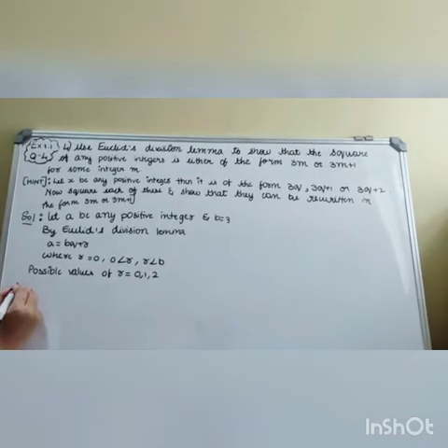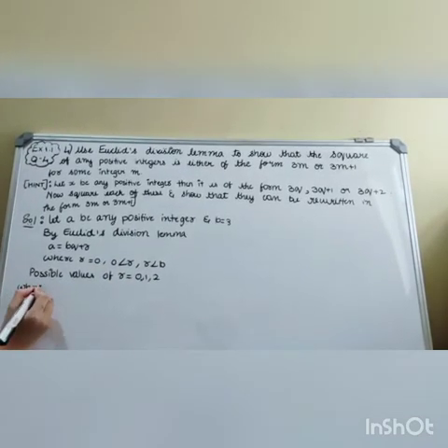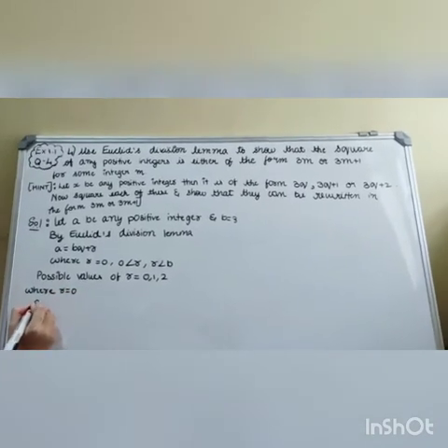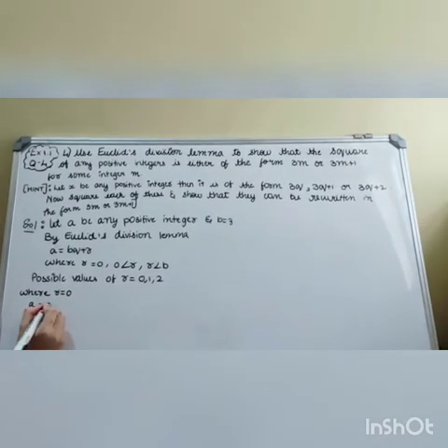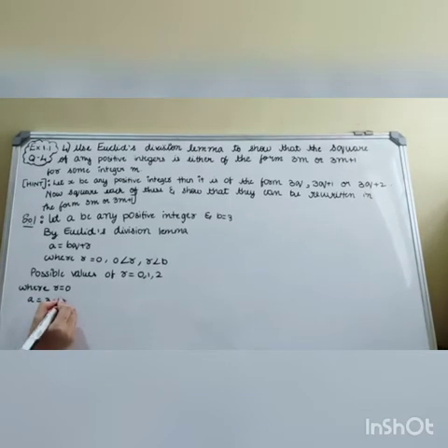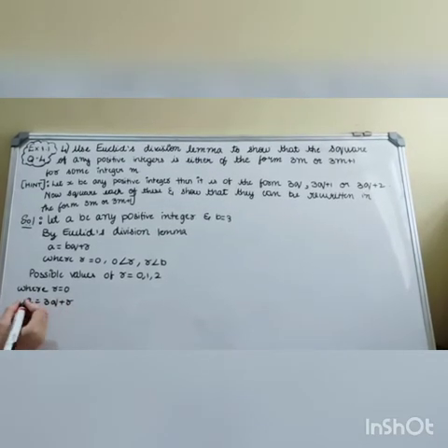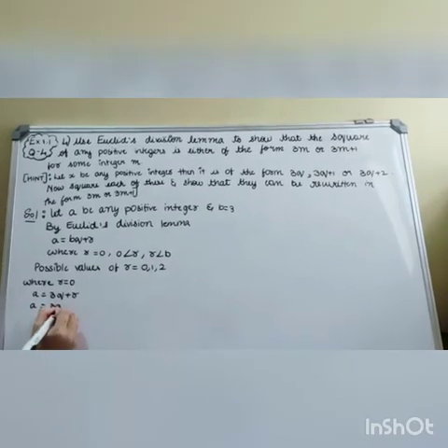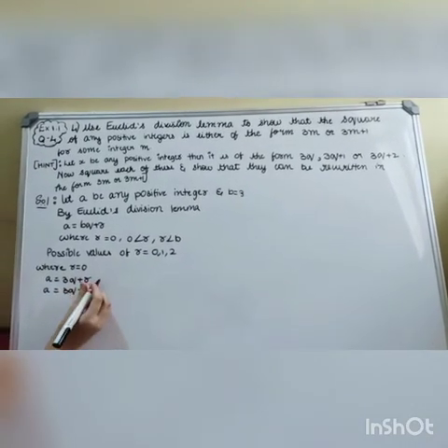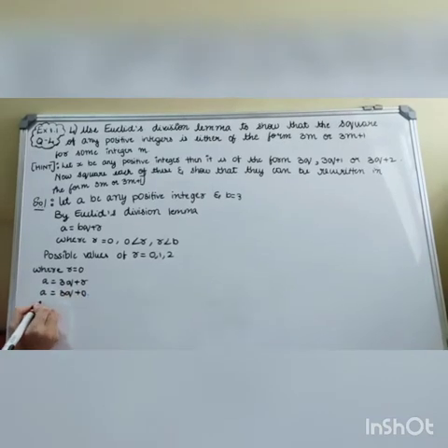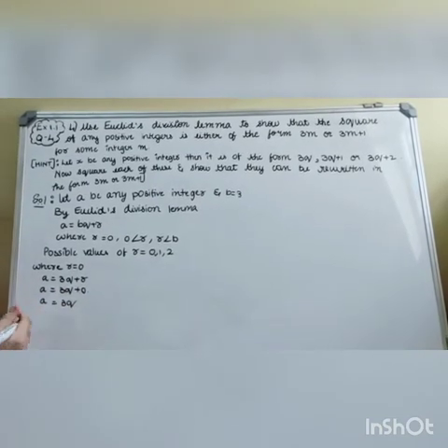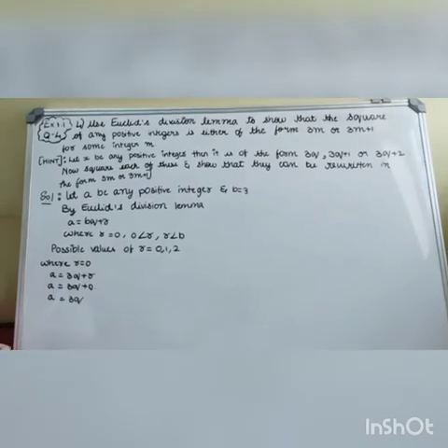Now we'll take r equal to 0. Now a is equal to 3q plus r, b is 3, and r is 0. Now we will get 3q. Now in this question we have to square these numbers.